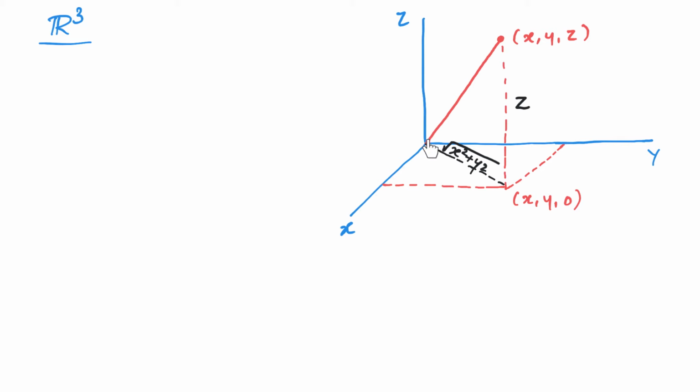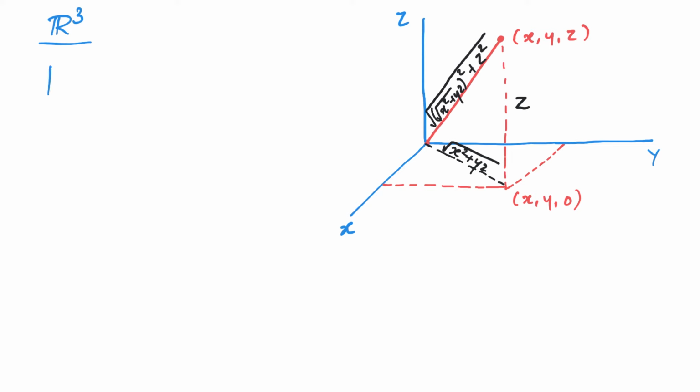Therefore, by applying Pythagoras theorem to this right angle triangle, we get that the length of this side is equal to square root of x square plus y square the whole square plus z square.